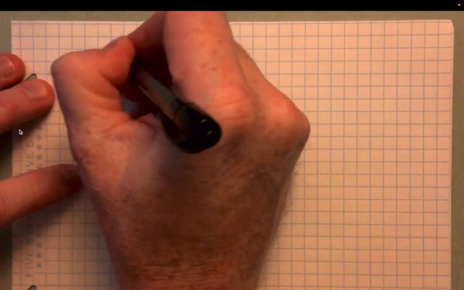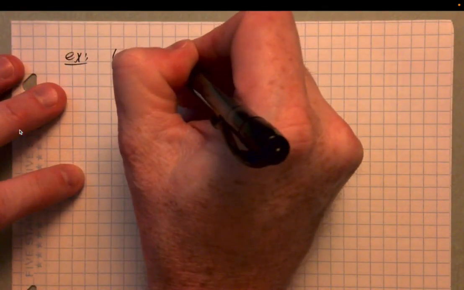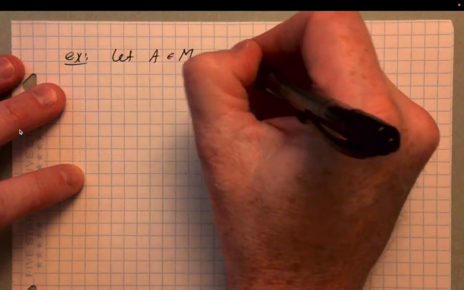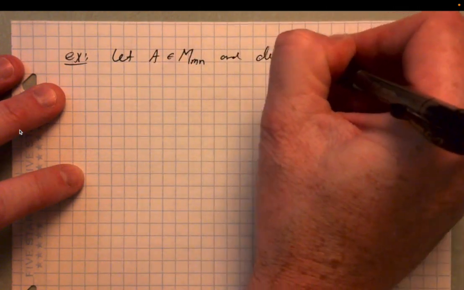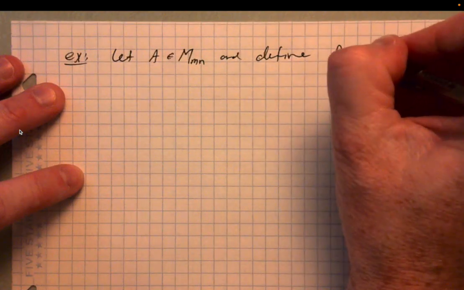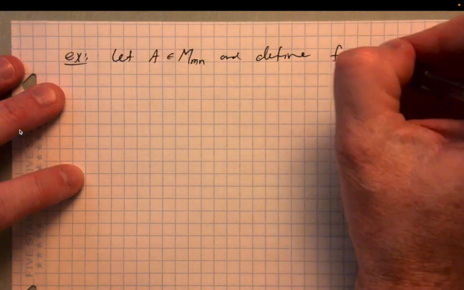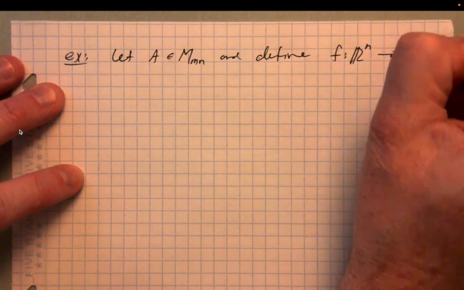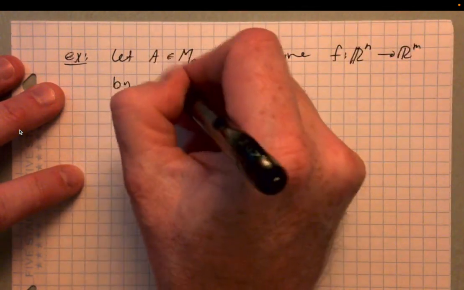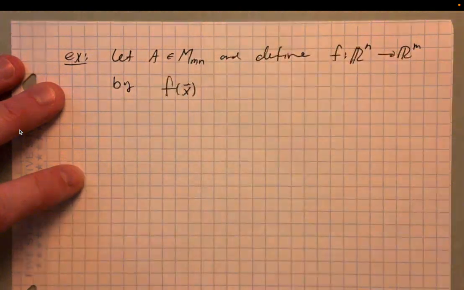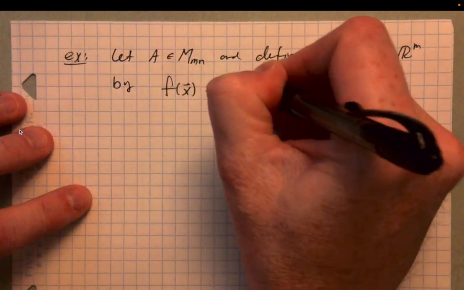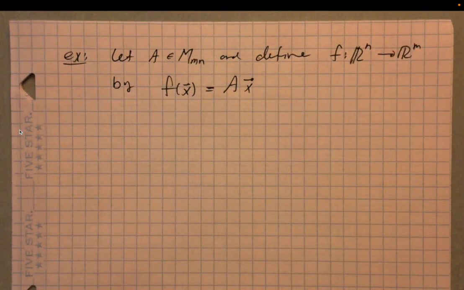So let A be an m by n matrix, and we'll define F from Rn into Rm by F of the vector x is equal to A times the vector x.